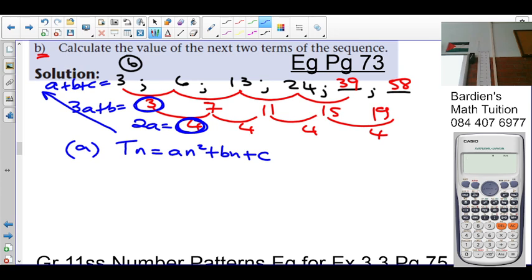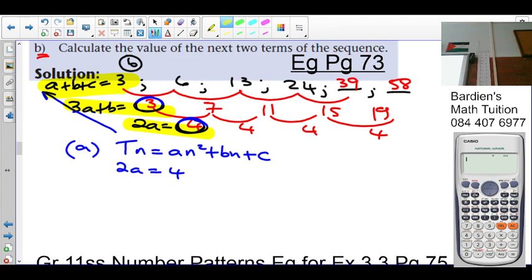Why do we go from the bottom up? Because 2A is simply equal to 4. Remember, 2A is equal to 4, 3A plus B is equal to 3, and A plus B plus C is equal to 3 as well.